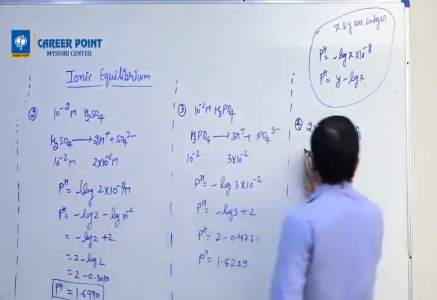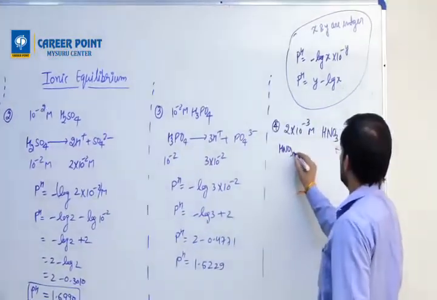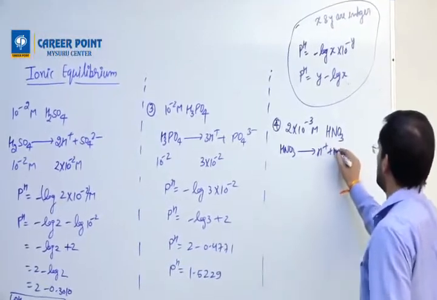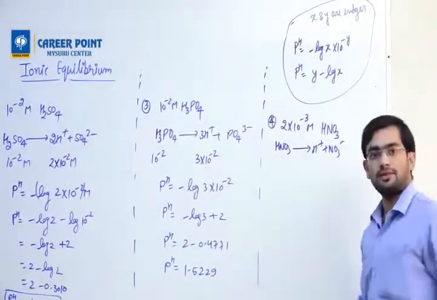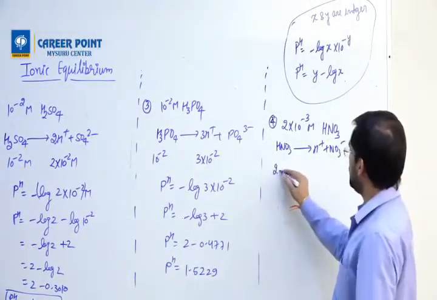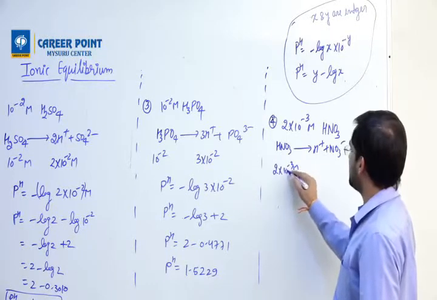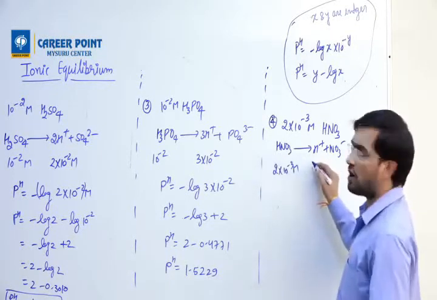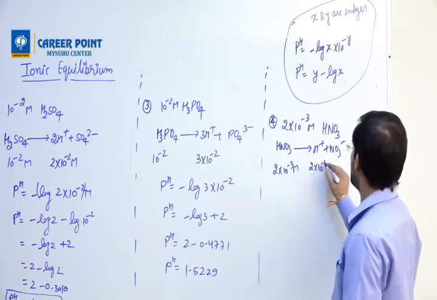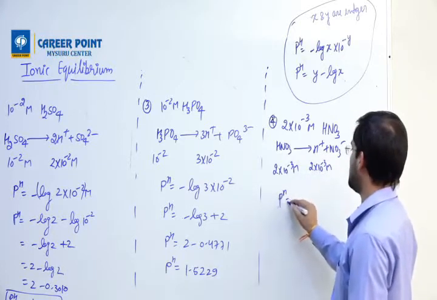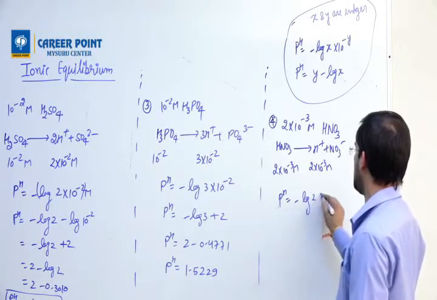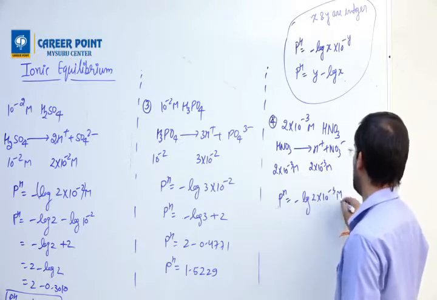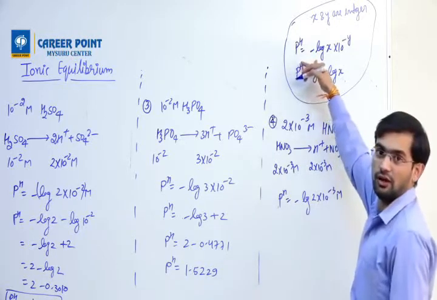So we'll break this acid. HNO3 gives rise to H+ and NO3 minus. So what do we get? 2 into 10 power minus 3 molar. Here 1 mole gives you 1 mole. So pH equals minus log of 2 into 10 power minus 3. Is this fitting the same formula? Yes, it is.